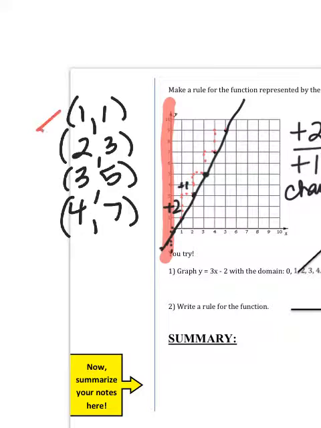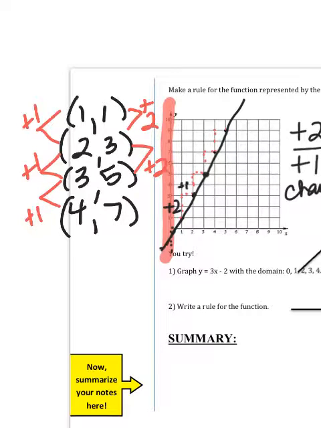And on each one of these, from 1 to 2, I'm increasing 1. From 2 to 3, I'm increasing 1. From 3 to 4, I'm increasing 1. And what's happening on the output side? Every time I increase by 1, my output increases by 2. From 3 to 5, my increase is 2. And then from 5 to 7, it also increases by 2.